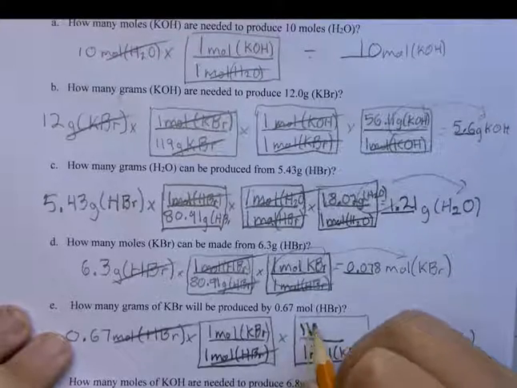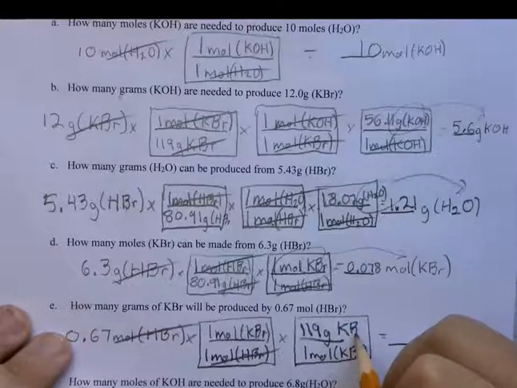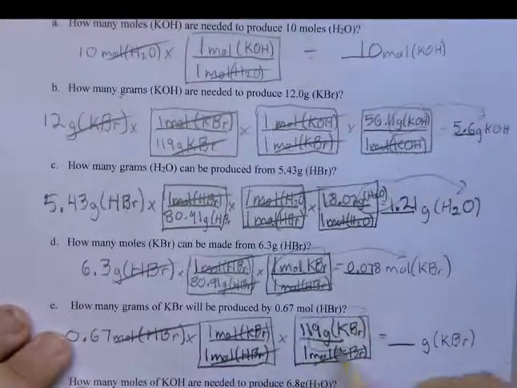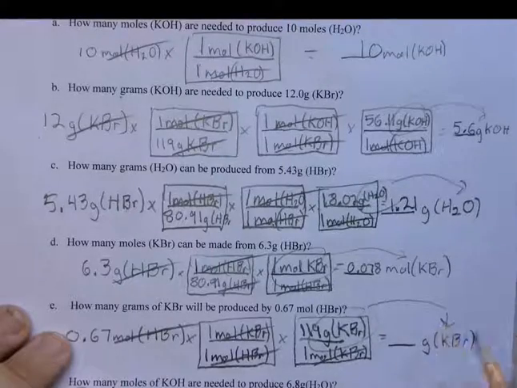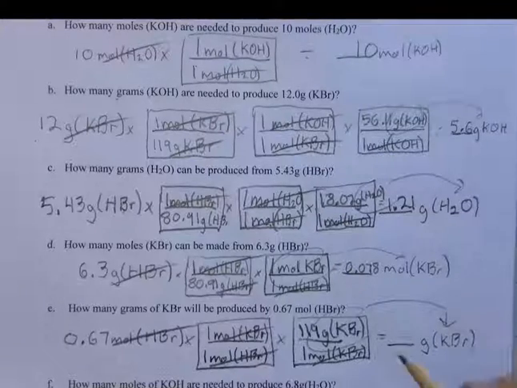And up top's 119 grams KBr. Moles KBr cancels there and there. Last man standing is grams of KBr. So now we just crunch the numbers, and this one is just 0.67 times 119, and that gives us 79.7.